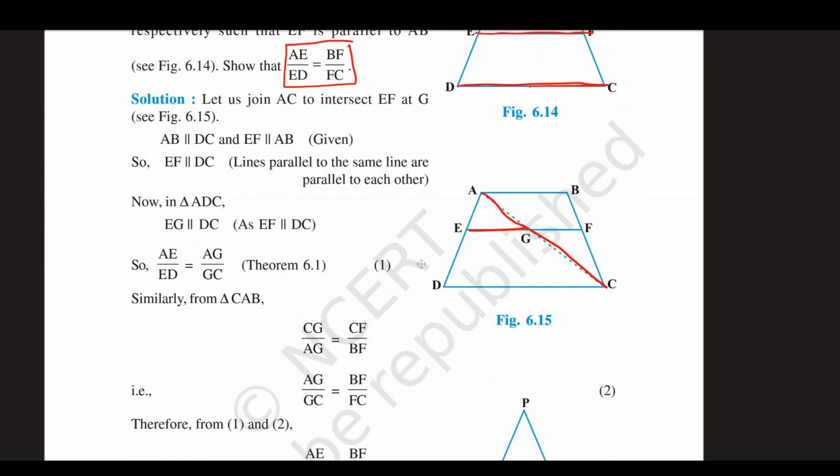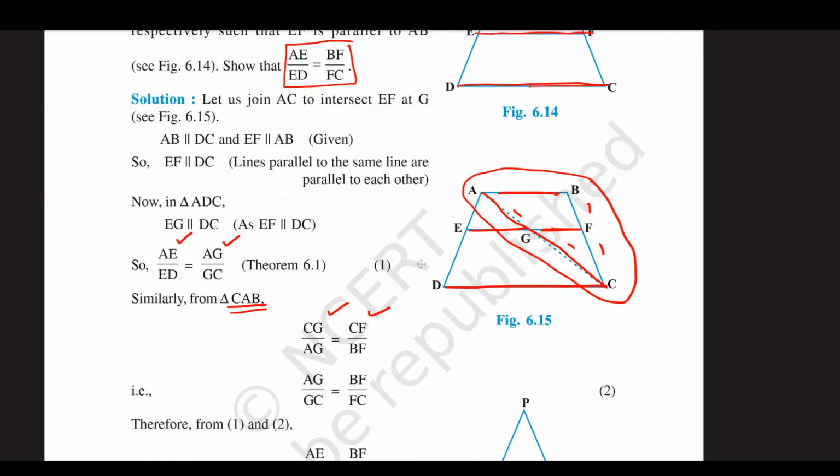Now this EF is parallel to DC, so we get AE upon ED is equal to AG upon GC. Now look at triangle CAB. This GF is parallel to AB, so we get CG upon AG is equal to CF upon BF.